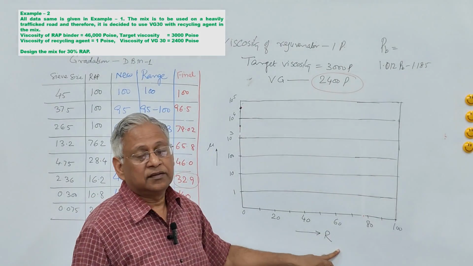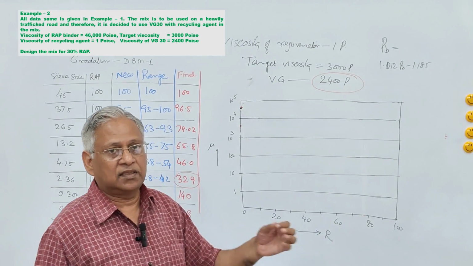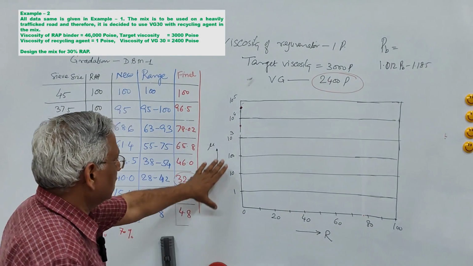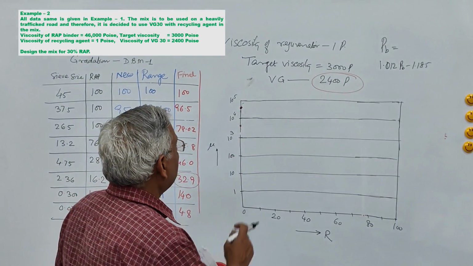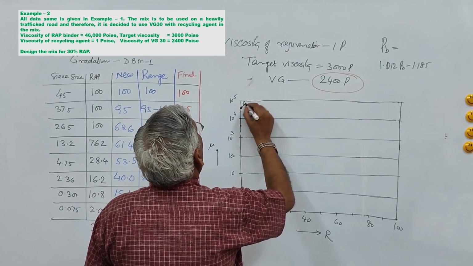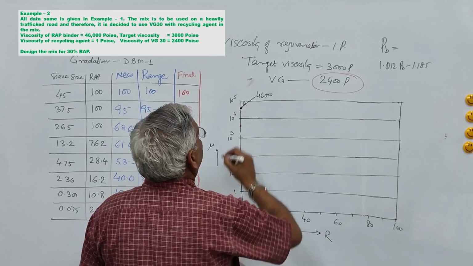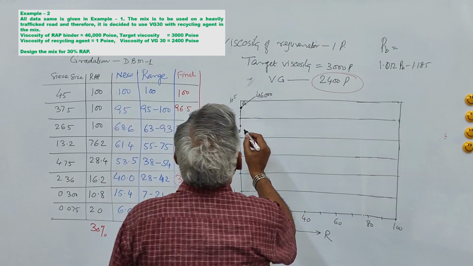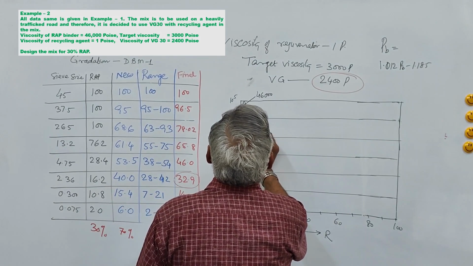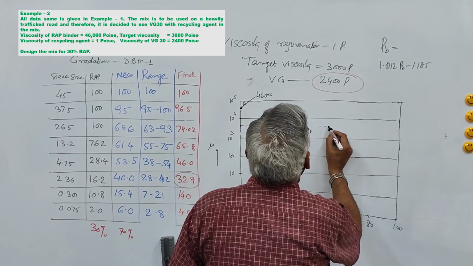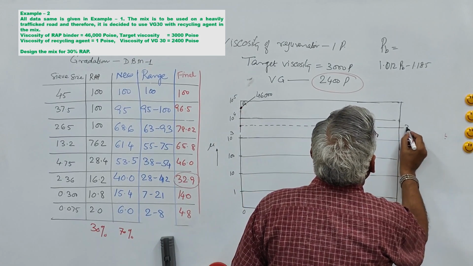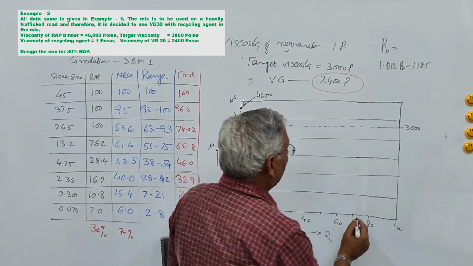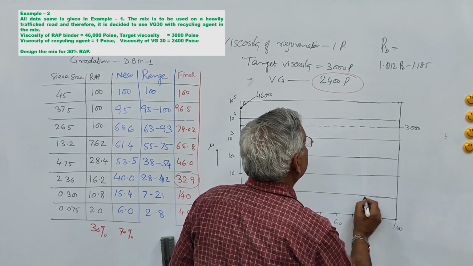So on x-axis you have R value, capital R, that is the percentage of new binder with respect to the total binder, and on y-axis you have viscosity at log scale. So first you mark a point A here, that is corresponding to the viscosity of bitumen extracted from the wrap, 46,000, and this is the let us say target viscosity of 3000 poise, and value of R is 78.7.